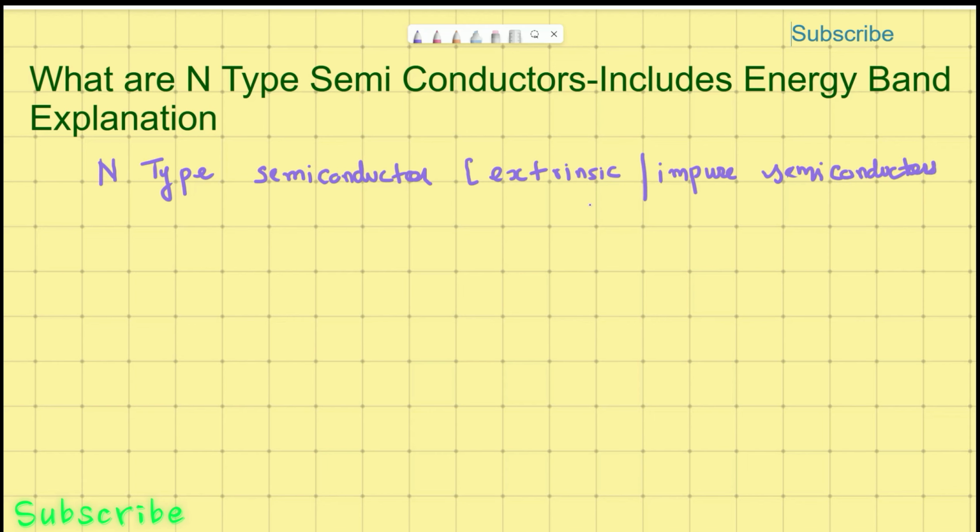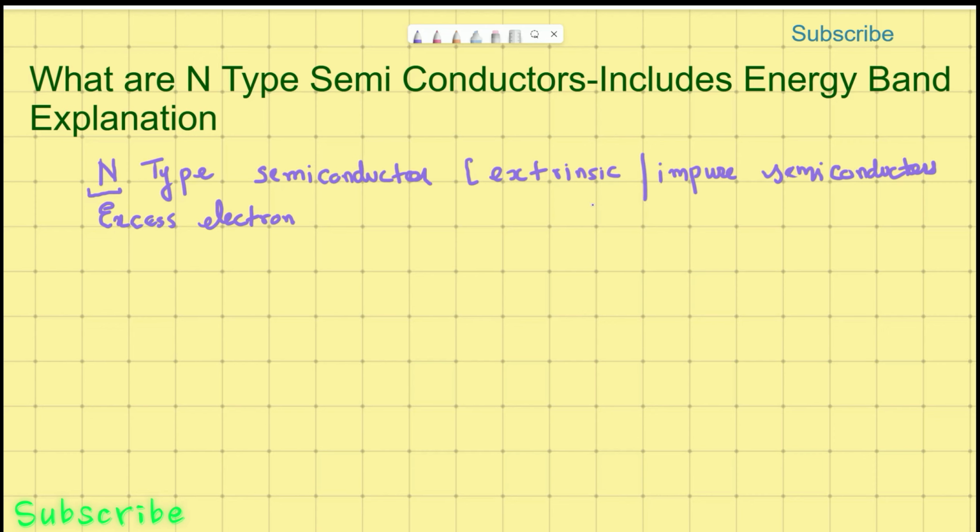The way they work is they have an excess electron. The excess electron concentration is more, and that is what makes them N. N is negative. These are the basic things you must know.